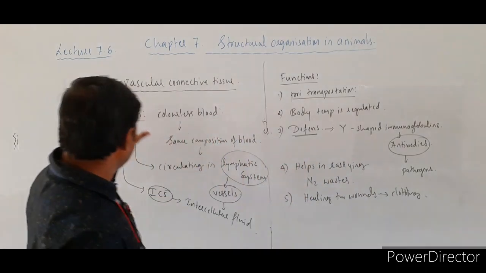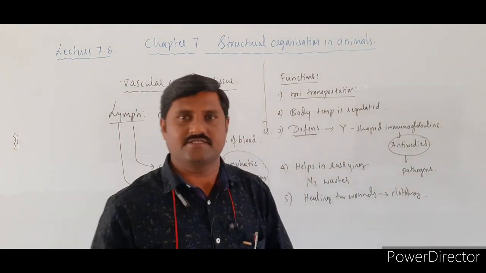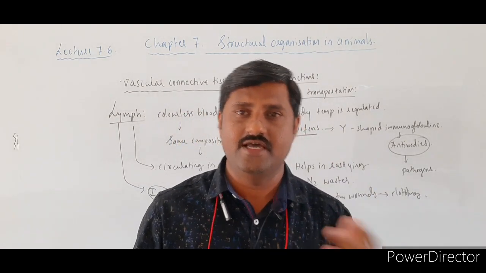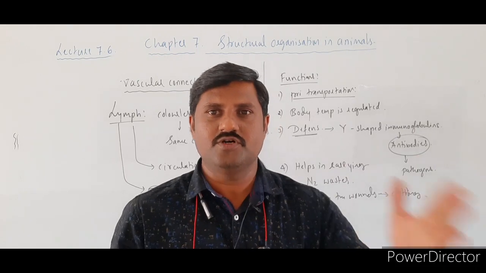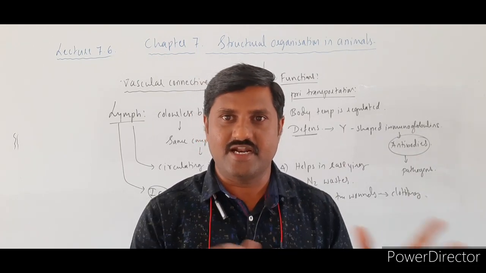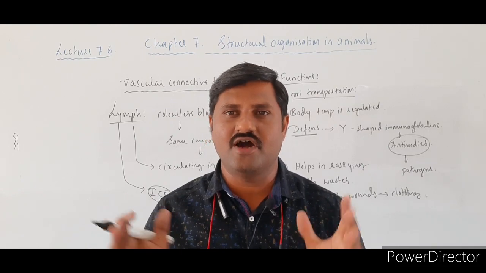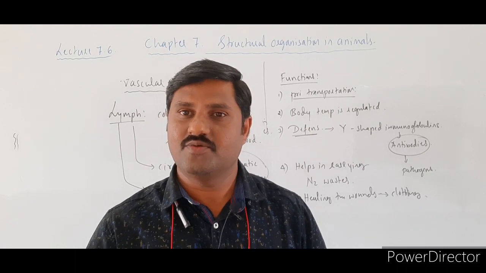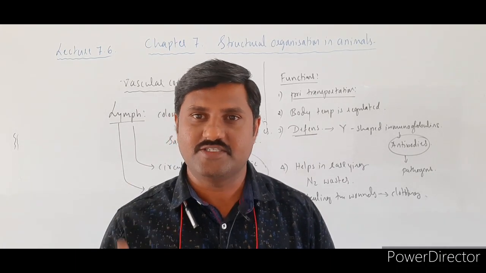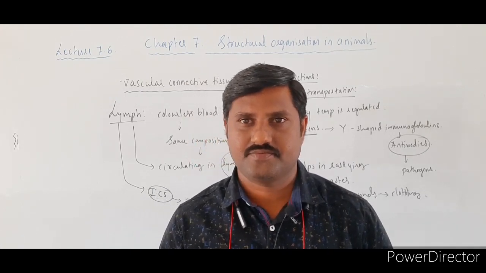It is the intercellular fluid through which the oxygen as well as the food material provided to the cells comes from the blood vessels through the lymph to the cells. This is how transportation of material takes place. So this is the short explanation about lymph itself. By this we finished one more vascular tissue, that is blood as well as lymph. Thank you.